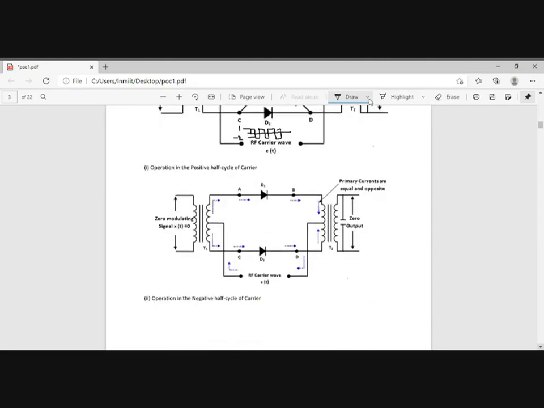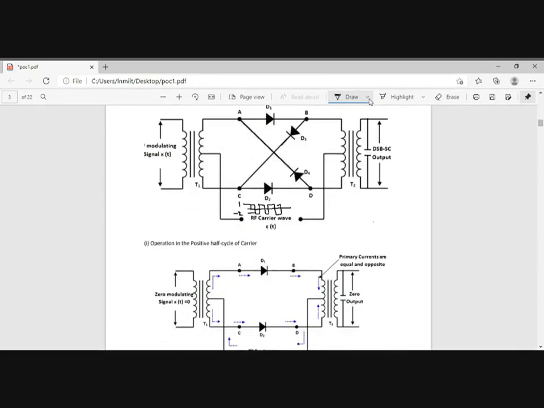So when we are having a positive pulse at the RF carrier, in that case, this is the positive terminal, and because this is the center tap, this will also be positive. So in that case, these two diodes will be on and these two diodes will be off.